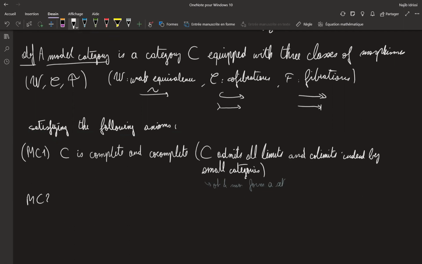right? So the second condition is that W satisfies the 2 out of 3 property.